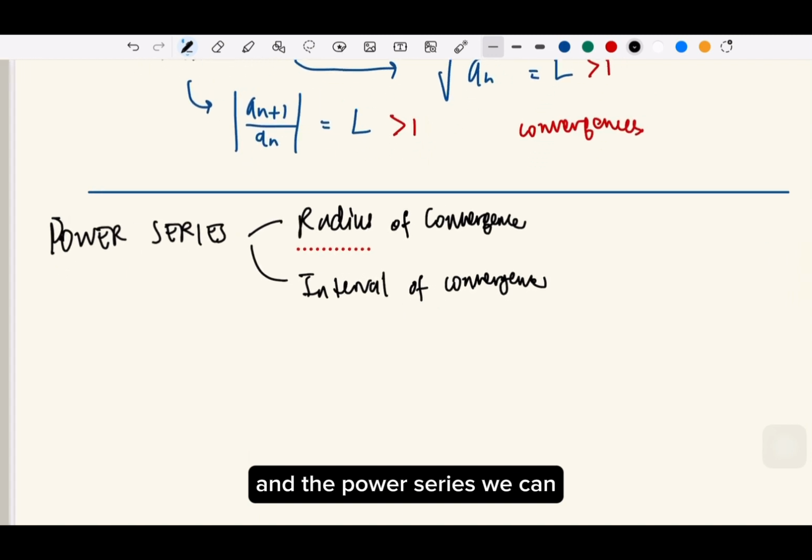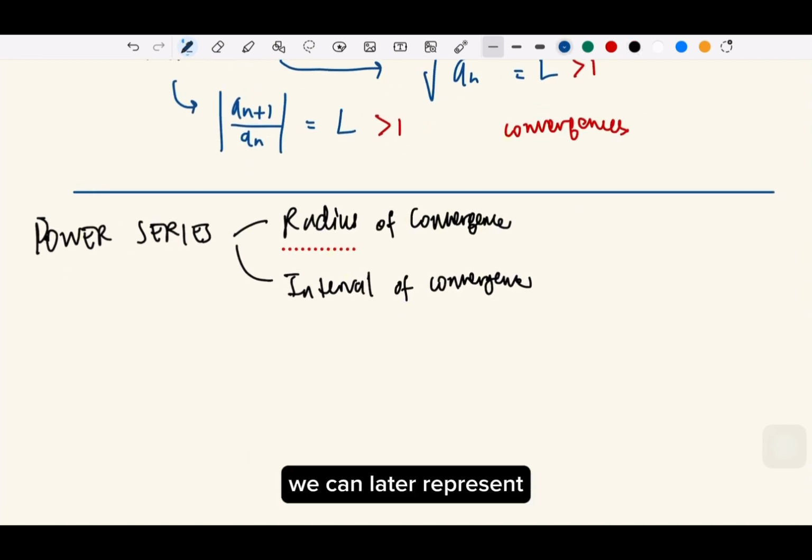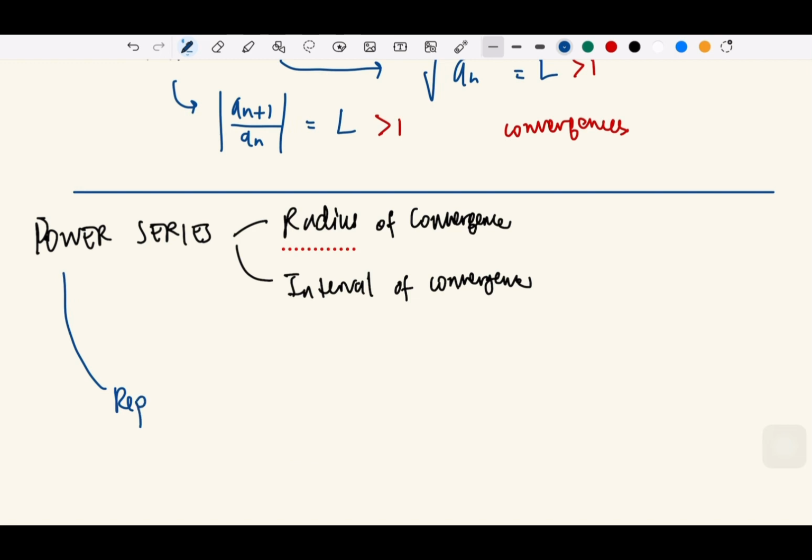And the power series we can later represent as a function.